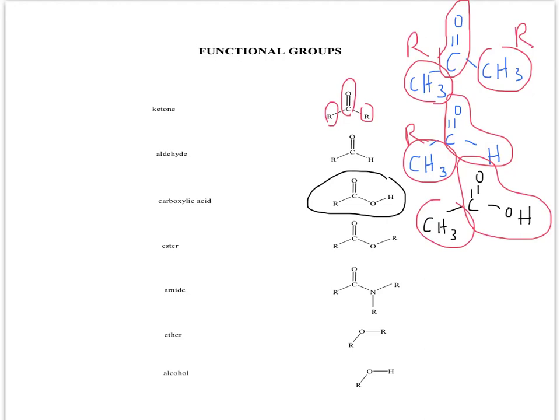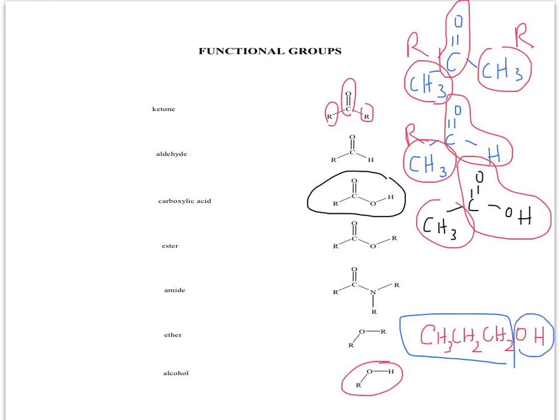Ether is just oxygen connected to 2 R groups, and then the alcohols at the bottom, those are pretty important. So you could have CH3, CH2, CH2OH. That is going to be propyl alcohol or propanol. And why is it propyl? Because there's 3 carbons, and then it's being added to the OH, which is the alcohol. So propyl alcohol, or the other name would be propanol. That would be the common name.